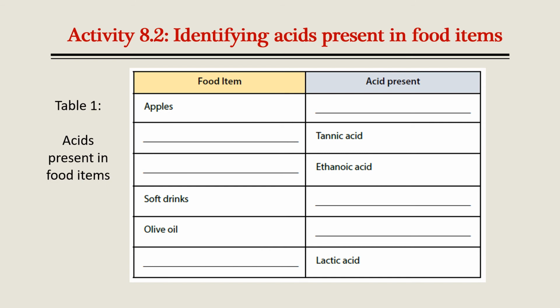Let us check your answers for Table 1. Firstly, the acid present in apples is malic acid. Tannic acid is present in tea.